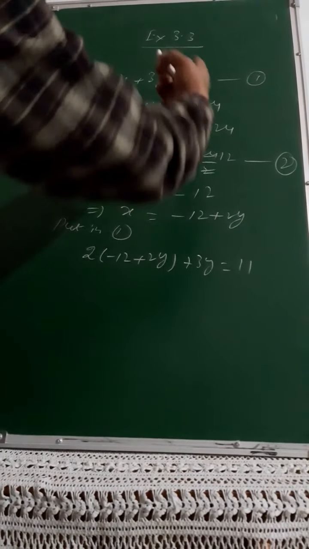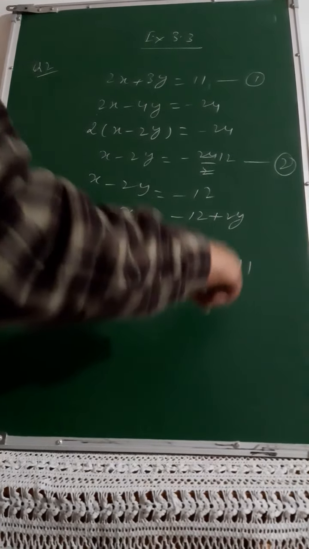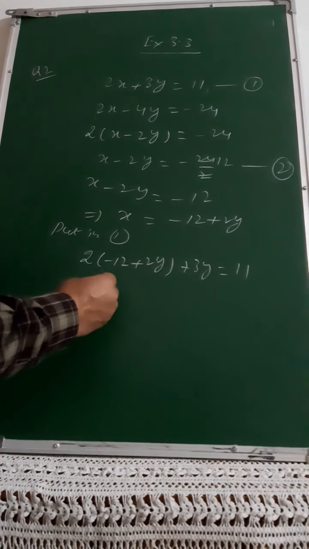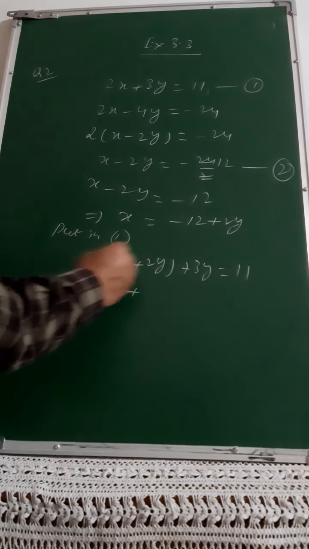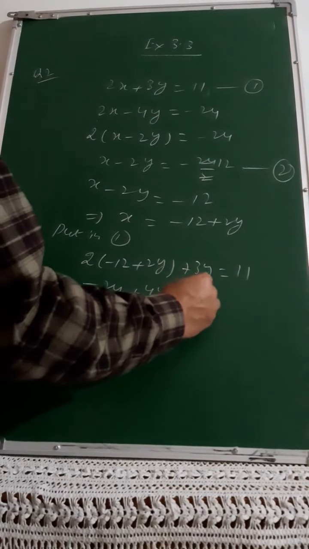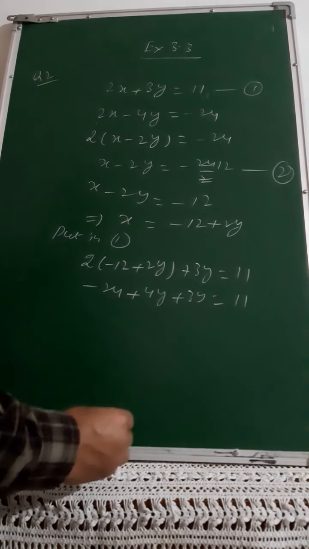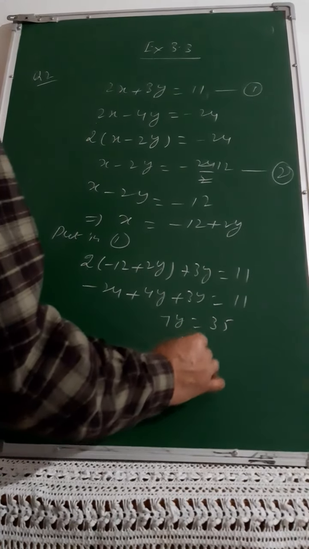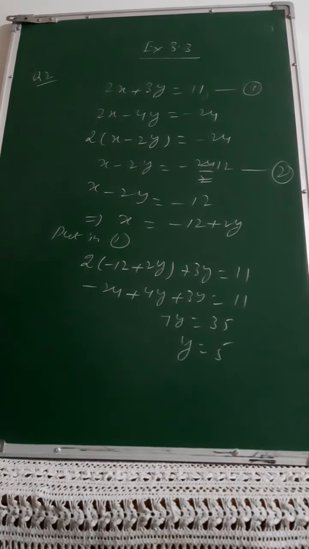That is, this equation will be converting into a linear equation in one variable. Now you solve it for the value of y, that is minus 24 plus 2 2's are 4y plus 3y is equal to 11, and this is 7y is equal to 35. In that way you will be getting y is equal to 5.